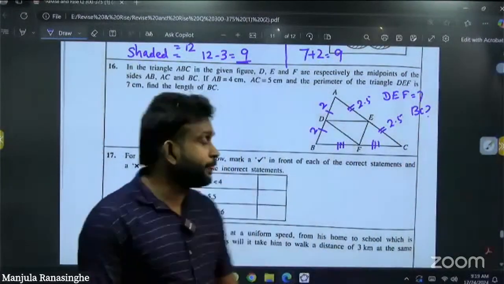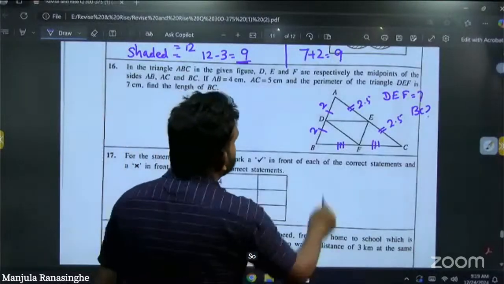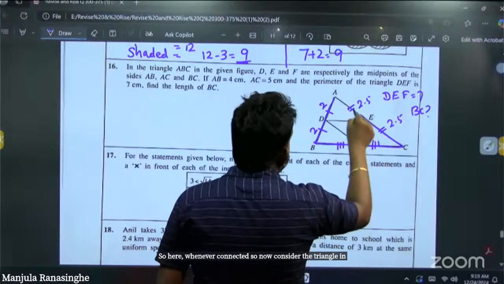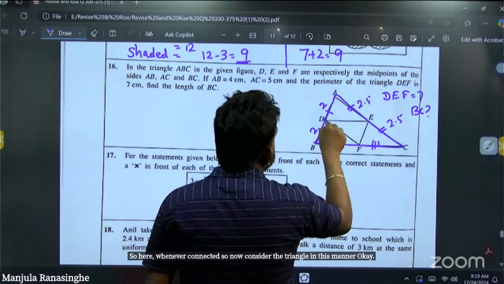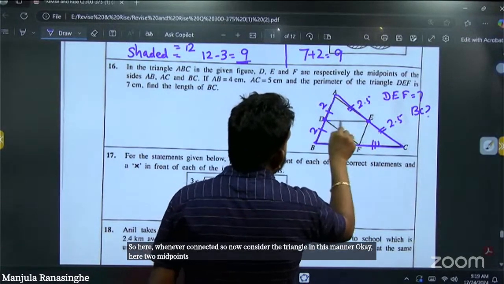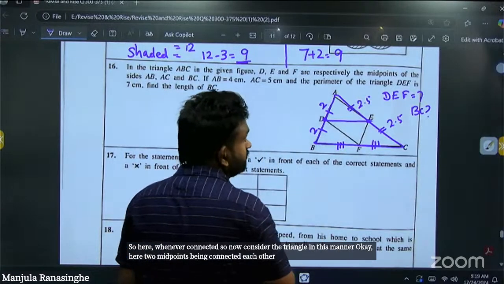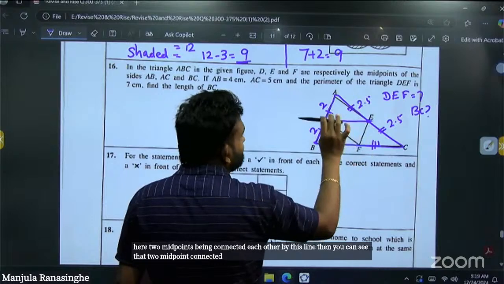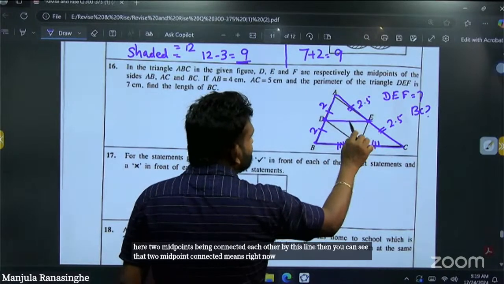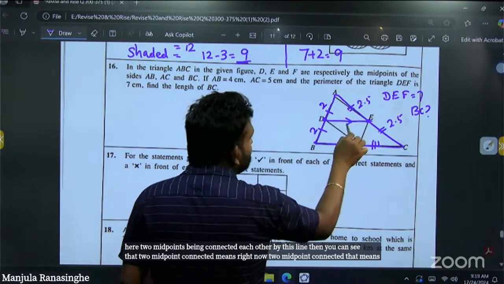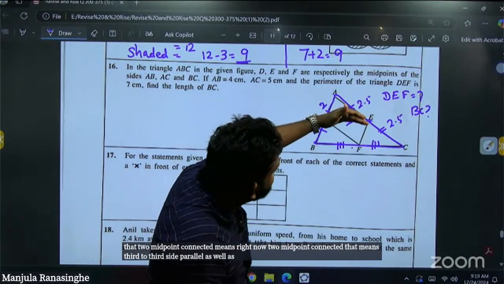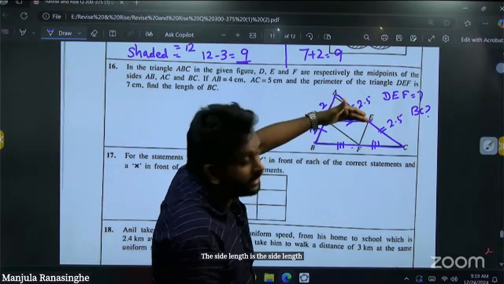So here, now consider the triangle in this manner. Here two midpoints being connected to each other by this line, then you can see that two midpoints connected means the third side is parallel, as well as this side length is half of this side length.